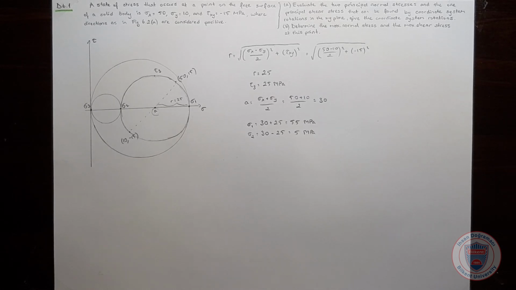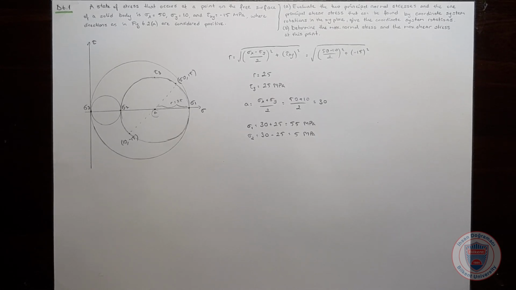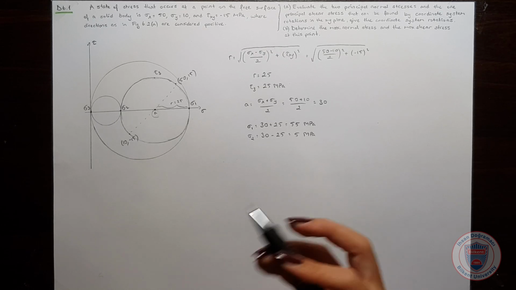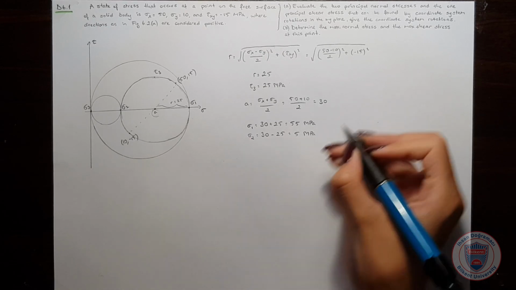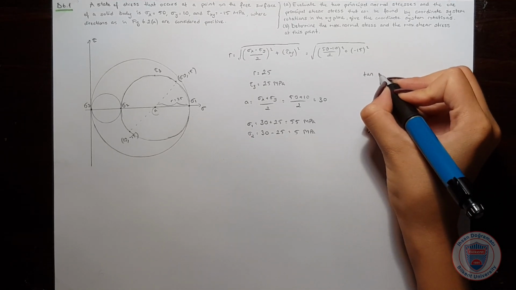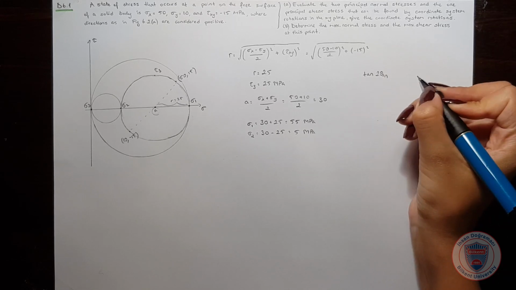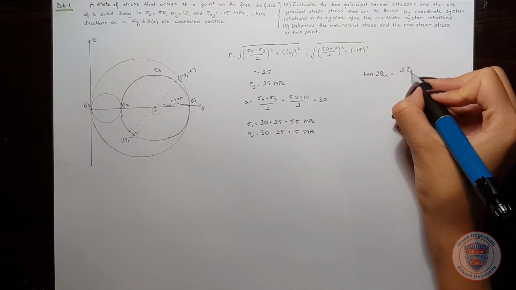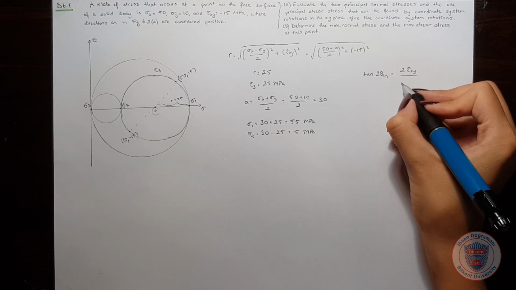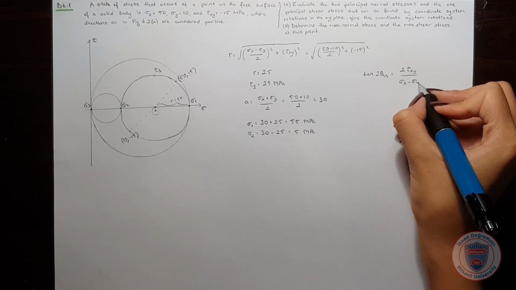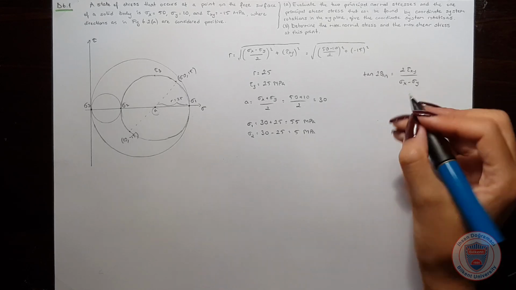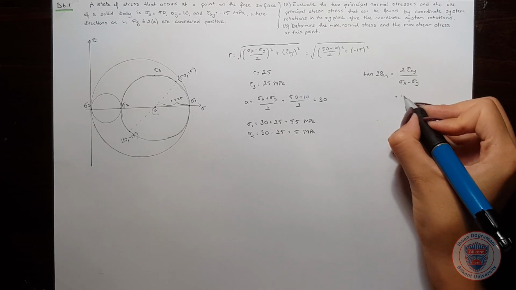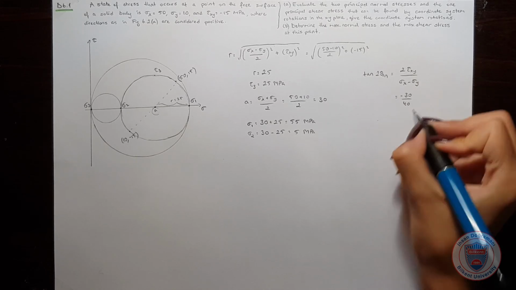Now, let's find the coordinate system rotations. We know that tan 2 theta n is equal to 2 tau xy over sigma x minus sigma y. And it is minus 30 over 40.